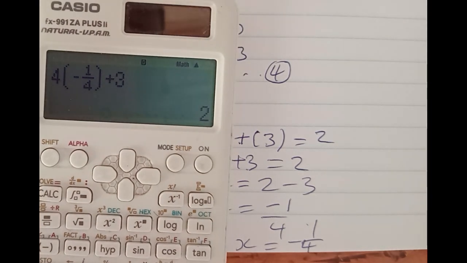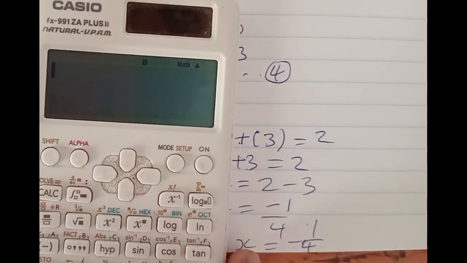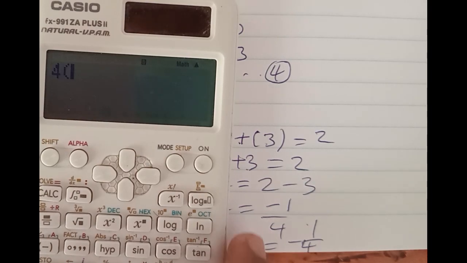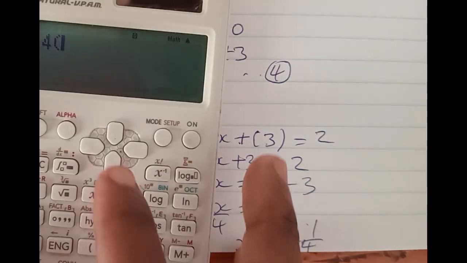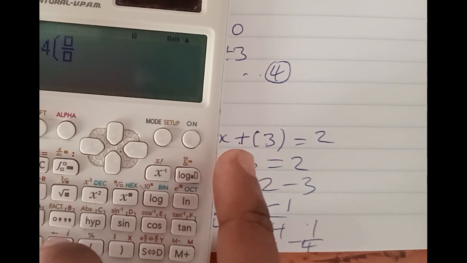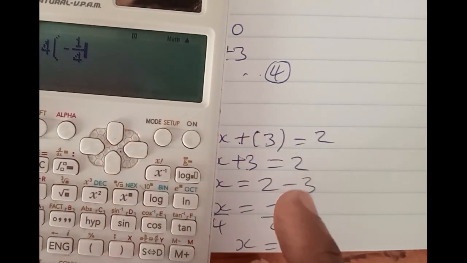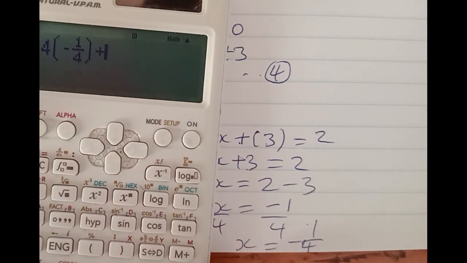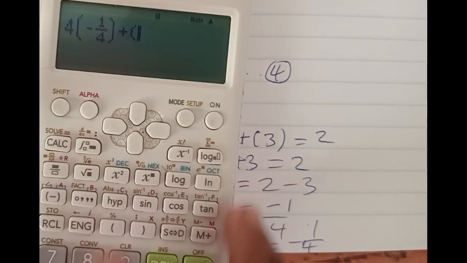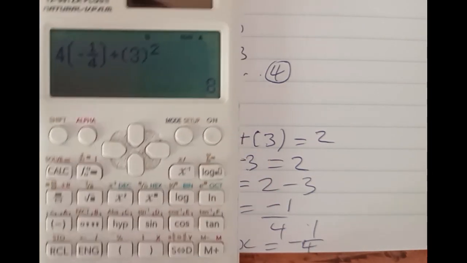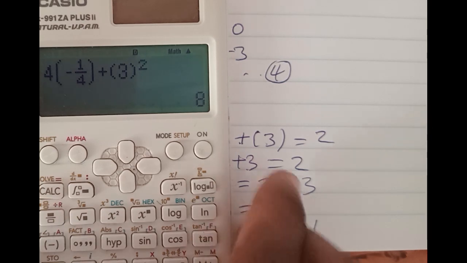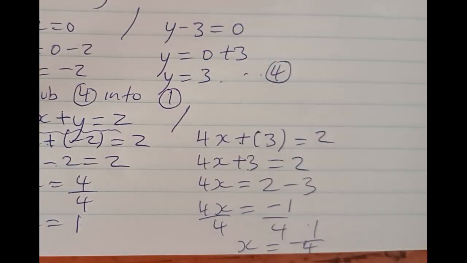You see, it's 2. So I'll also test with the second equation and see if they will give me 8. Remember, now I'm testing using the second equation. And my y is 3, squared, they should give me 8. They give me 8, you see. So my answers are correct. That's how you test it.